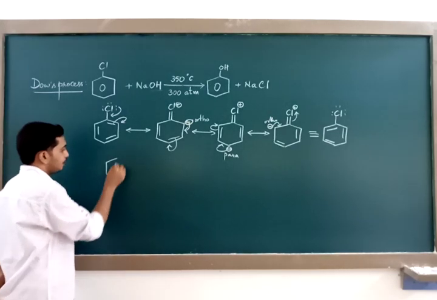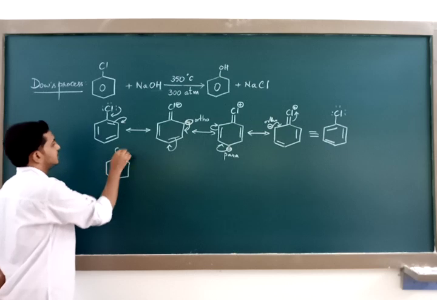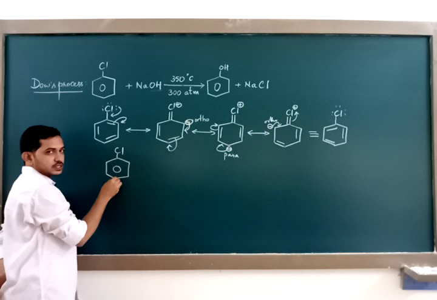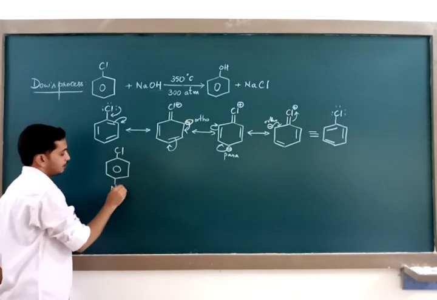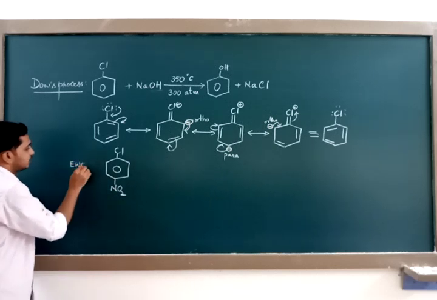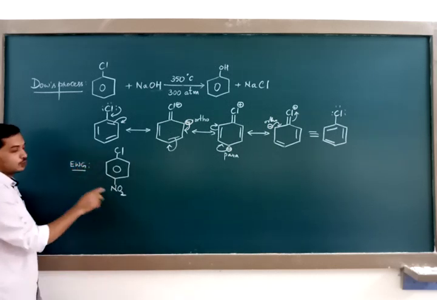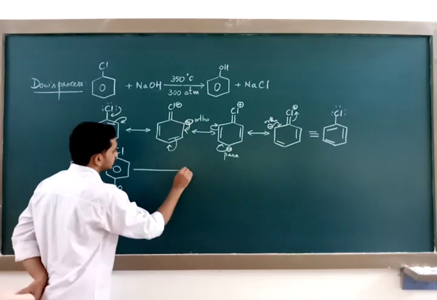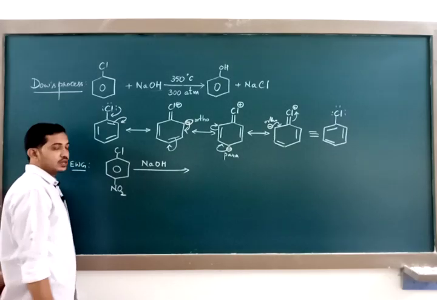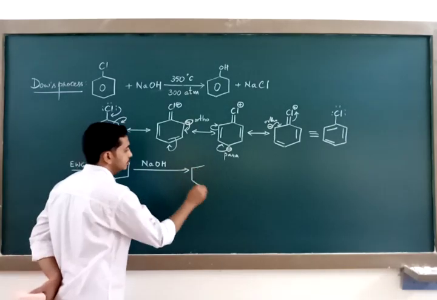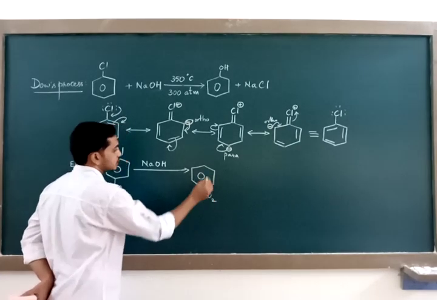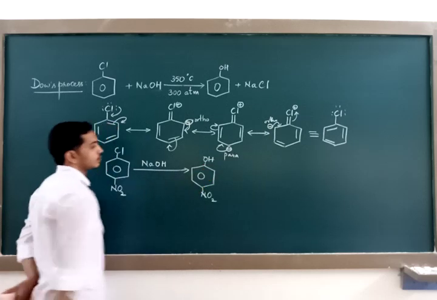If the same chlorobenzene is substituted at the para position by an electron withdrawing group like the nitro group, and this is made to react with sodium hydroxide, then the product will be the same as here, NO2 does not change, and here comes OH.